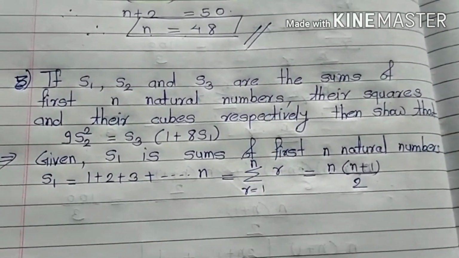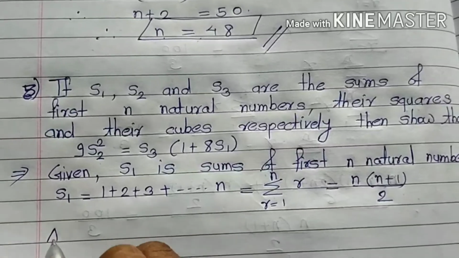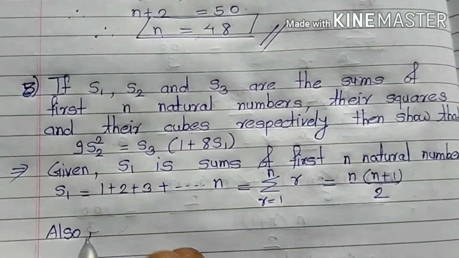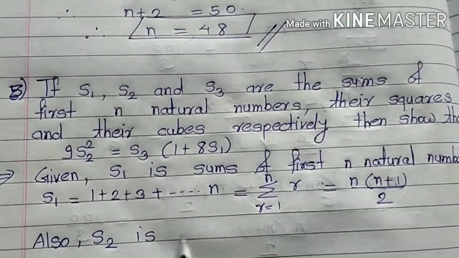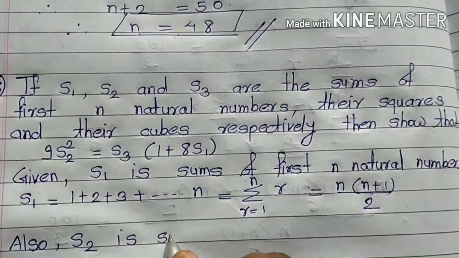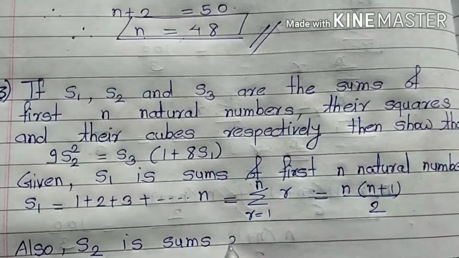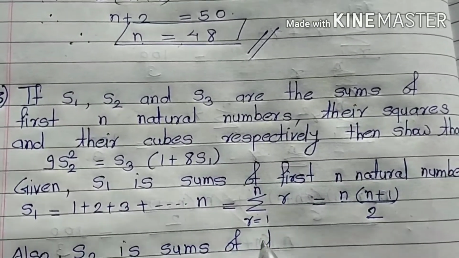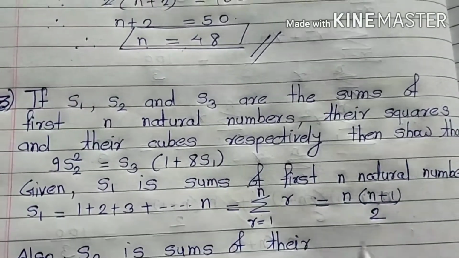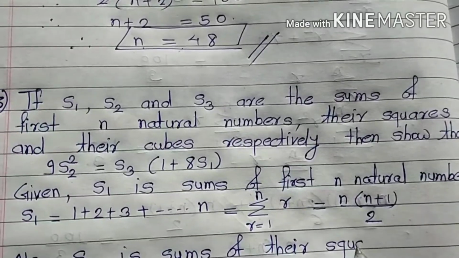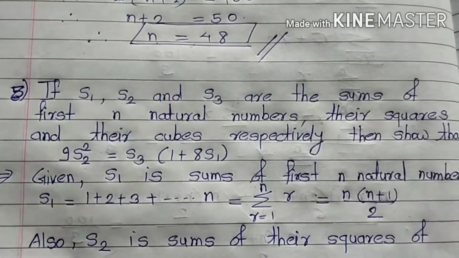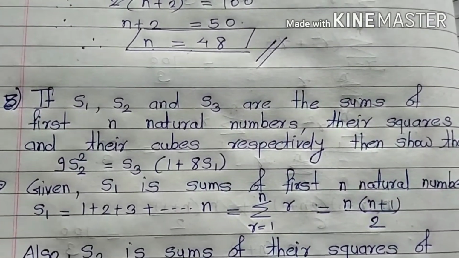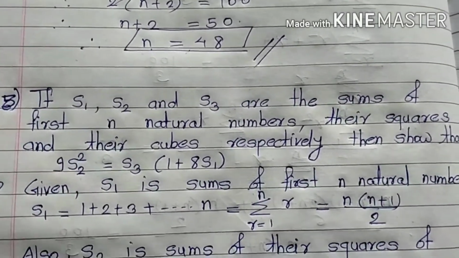Okay, now next also, S2 is the sum of their squares of first n natural numbers.